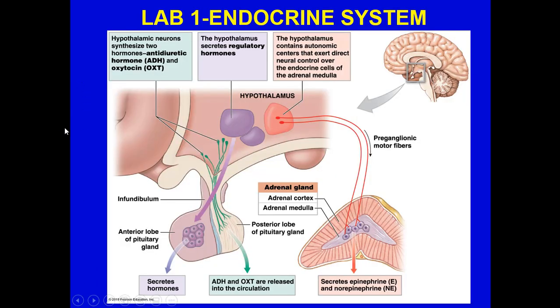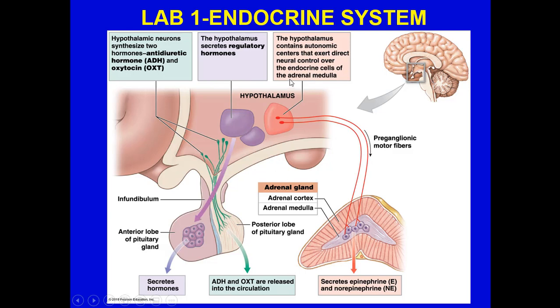And here you can see this. You have basically the hypothalamic neurons. They synthesize antidiuretic hormone and oxytocin. You'll notice that there's two nuclei there. The hypothalamus itself will release regulatory hormones that travel down this portal blood pathway.